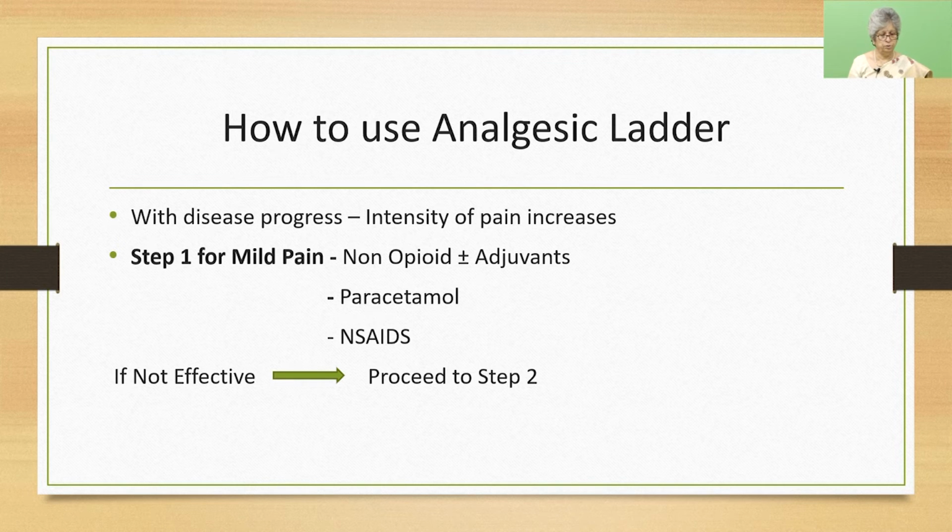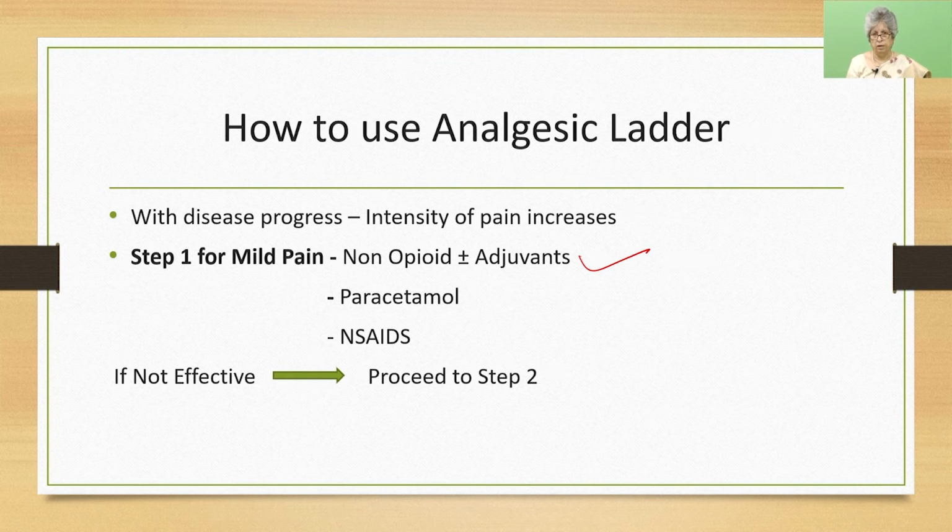How to use the ladder, as we said earlier: as per the disease progression and the intensity and severity of the pain. Suppose the patient has mild pain, then you give a non-opioid drug, in which you are not using any narcotic, only paracetamol, brufen, and give adjuvant drugs along with it.